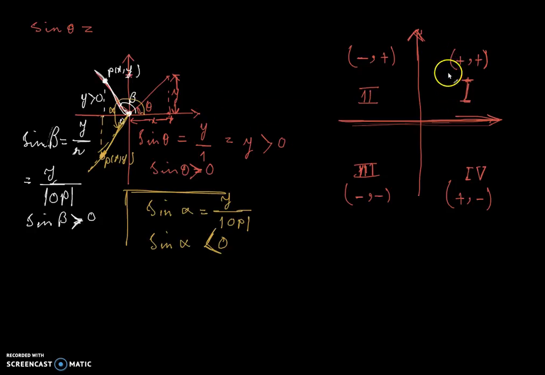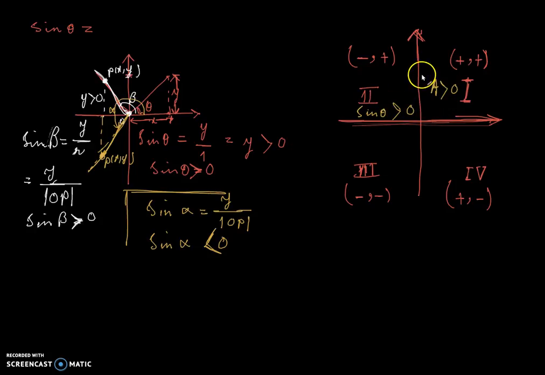Basically, in the first quadrant, all of the trigonometric ratios are greater than 0. In the second quadrant, sine theta is greater than 0, and all the other ones are less than 0. Because as you can see here, your y values are positive. In the first quadrant, all the x and y values are positive, so in any case you end up with a positive value.